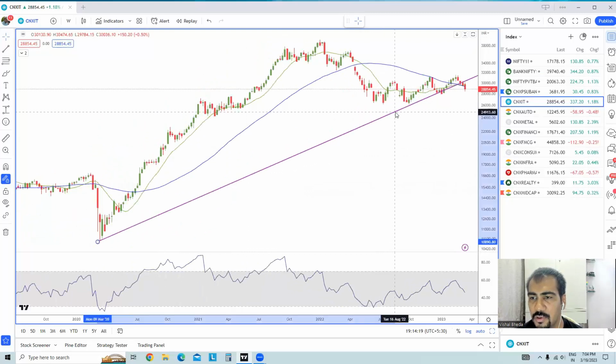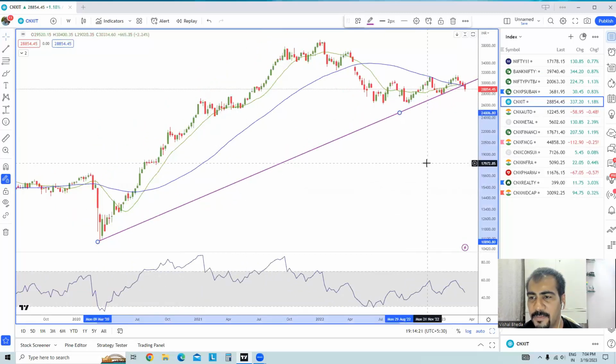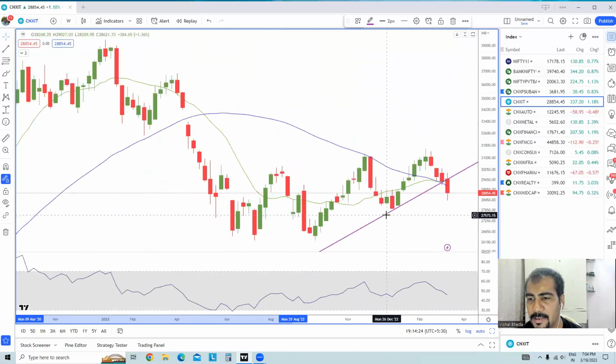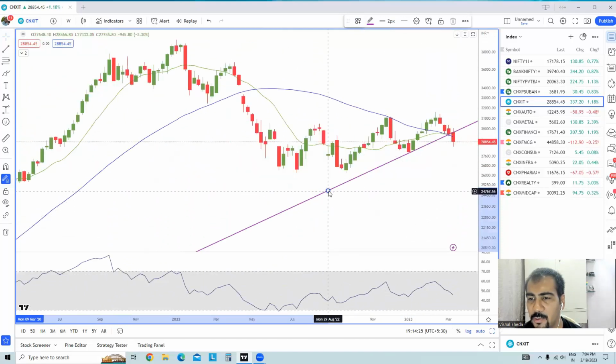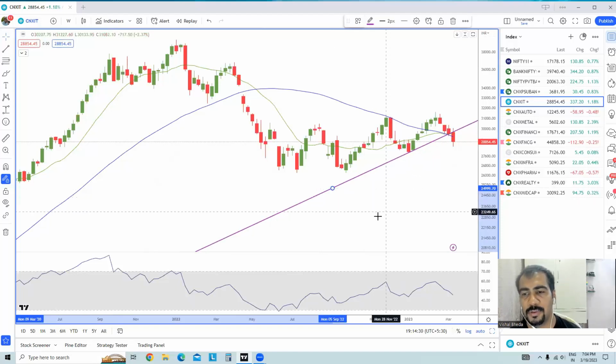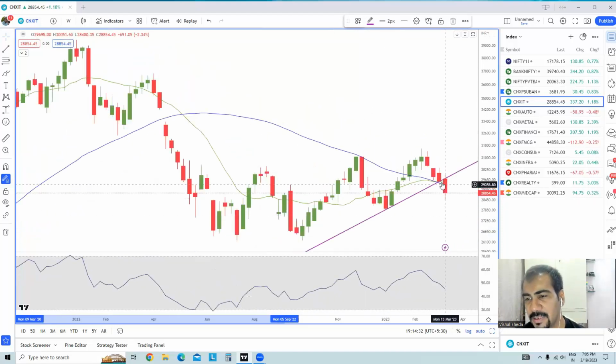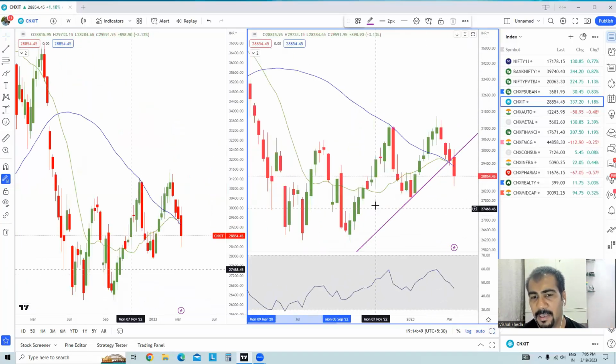If you check the weekly time frame chart, the price has been able to close below the trend line support over here. You can see the support was 29,498 and currently it's 28,875. So if the price continues to trade below the low of the previous week consistently for at least a couple of days, then you will see some lower levels coming up in the IT pack.